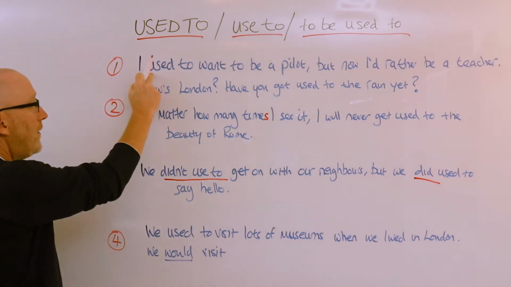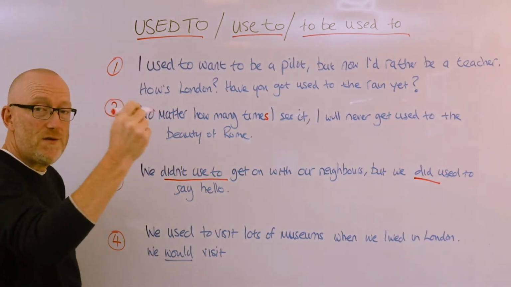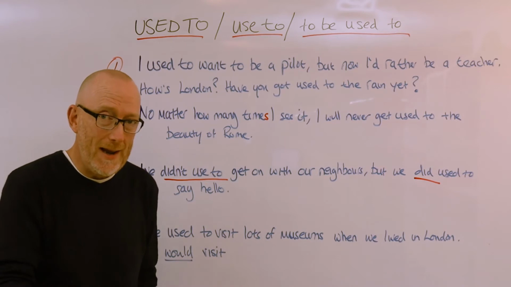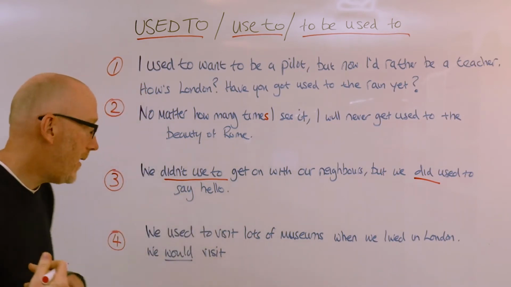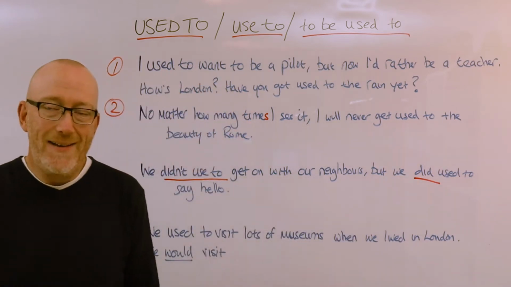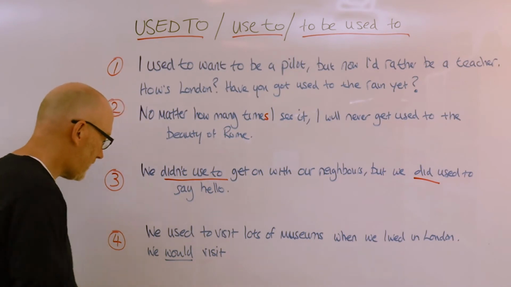So for example, if we go back to the first sentence, I could say I did used to want to be a pilot. That would add extra emphasis, extra meaning to me wanting to be a pilot. So if you see did, you know did is adding emphasis to the statement.